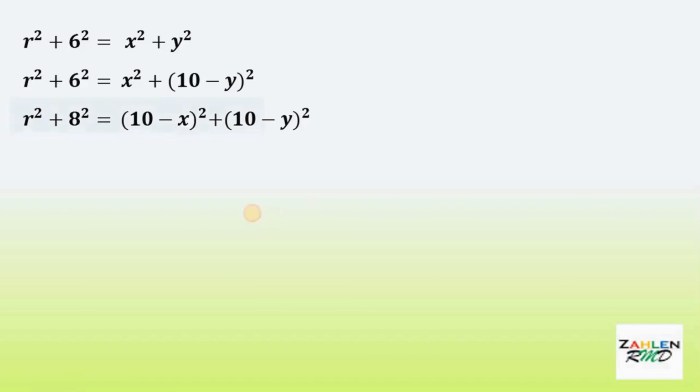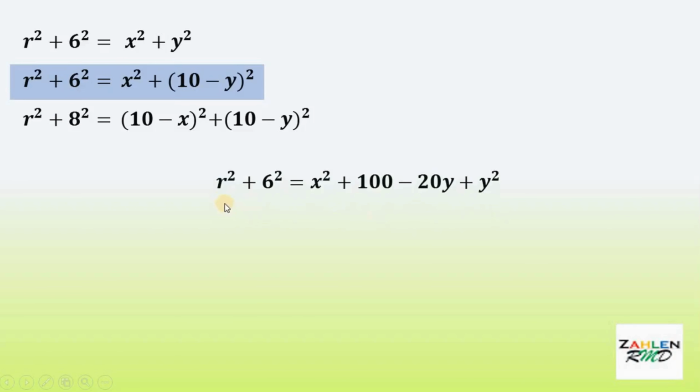So let's start. Take the second equation and expand. It becomes r squared plus 6 squared equals x squared plus (10 minus y) squared, which is equal to x squared plus 100 minus 20y plus y squared. Now take the first equation and subtract the second equation.